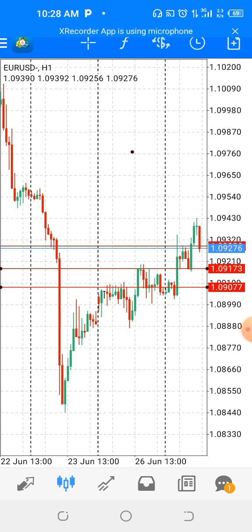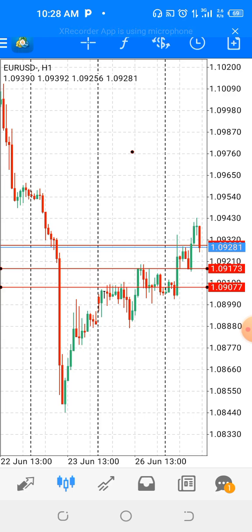We'll subtract 1.09077 from 1.09173. Okay, and if we calculate it very well, we'll discover we have about 14 pips. This is how you calculate your pips, to know your pips.